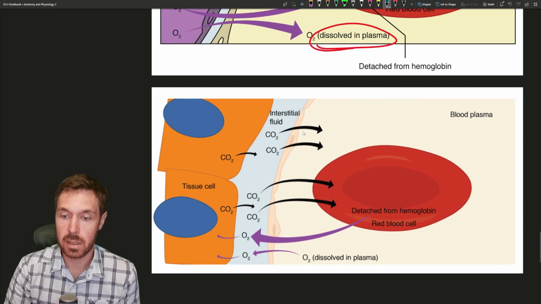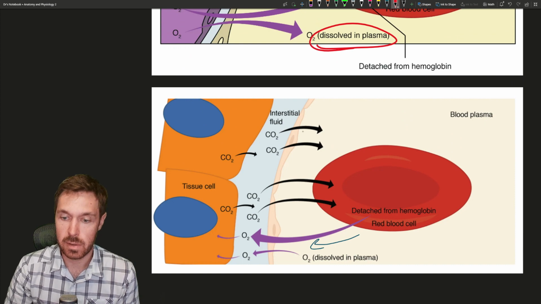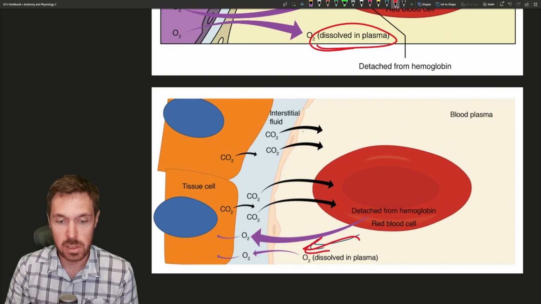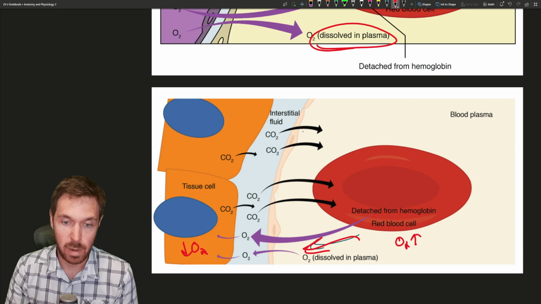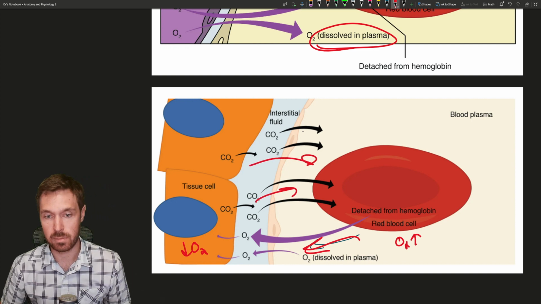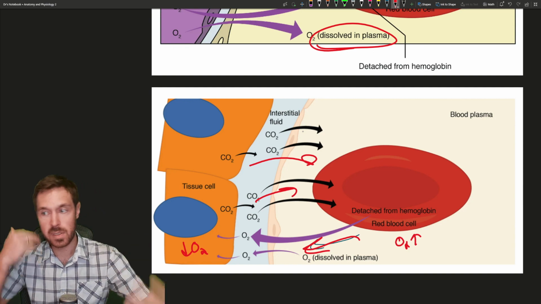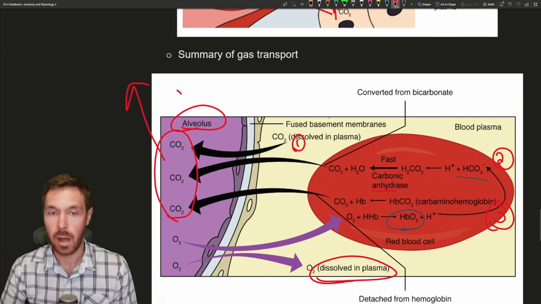So oxygen here gets pulled out and goes to the tissues because you have a lower concentration of oxygen in the tissues and a higher concentration of oxygen in the blood plasma and, well, mainly in the red blood cells. CO2 then gets pulled back in via all those processes we just talked about. And then the process just keeps cycling and continuing with every breath you take.